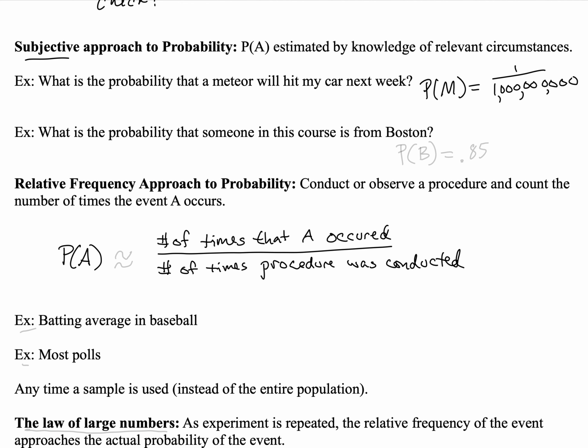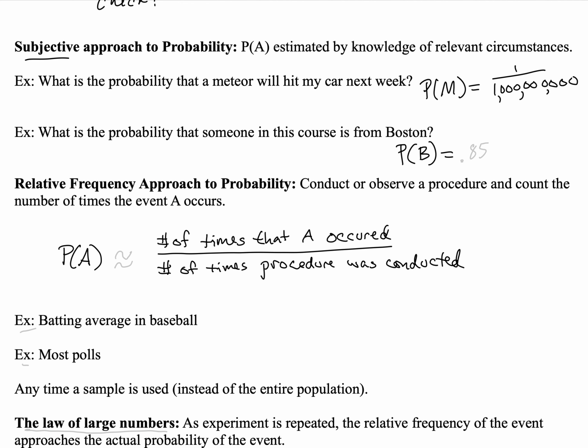When we say, what's the probability that someone in this course is from Boston? Well, it's very likely. If you yourself happen to be from Boston, then you know that the probability that someone in this class is from Boston is 1 or 100%.